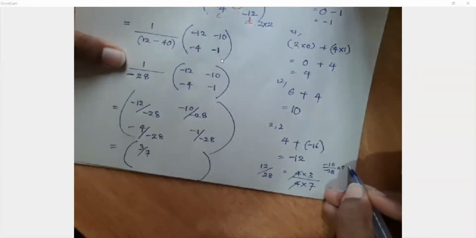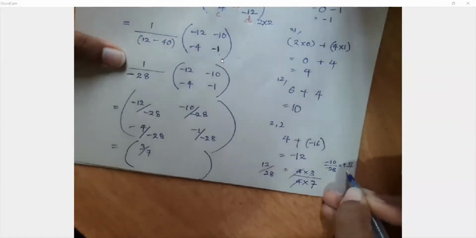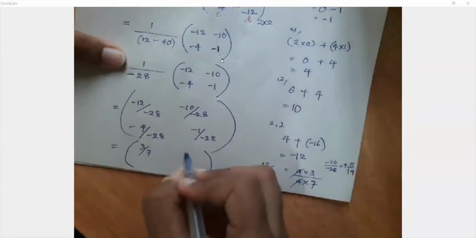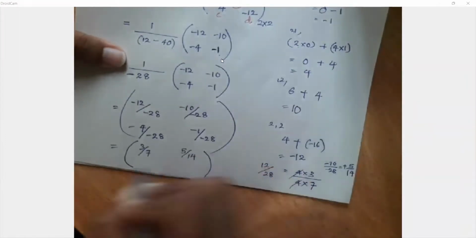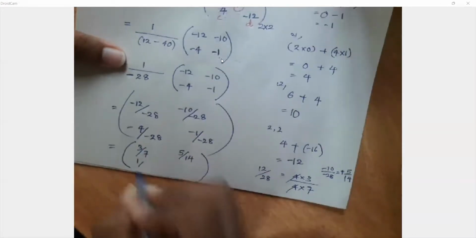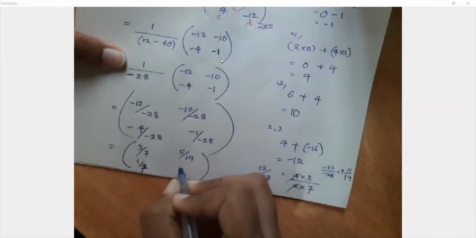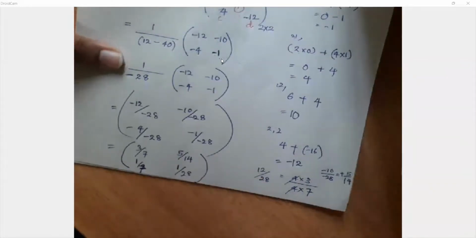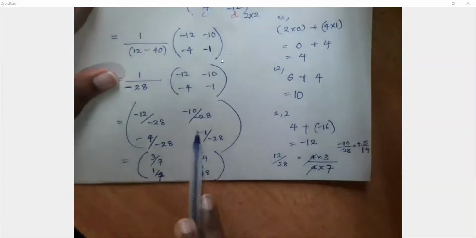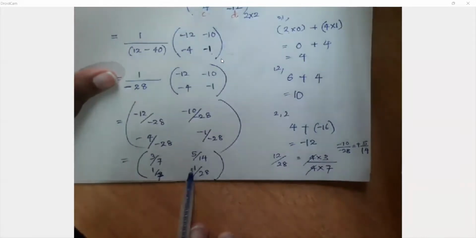I shall divide both the numerator and the denominator by 2, so 5 over 14. Divide both by 4 also. Minus divided by minus is plus. This is our final matrix. After that, we can't simplify.